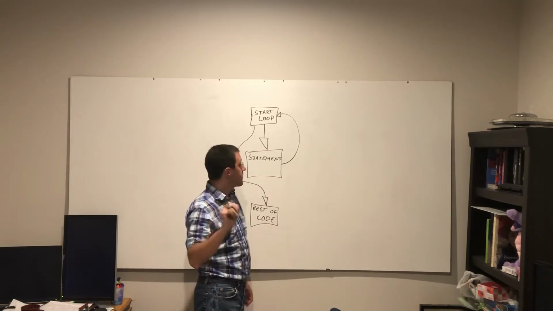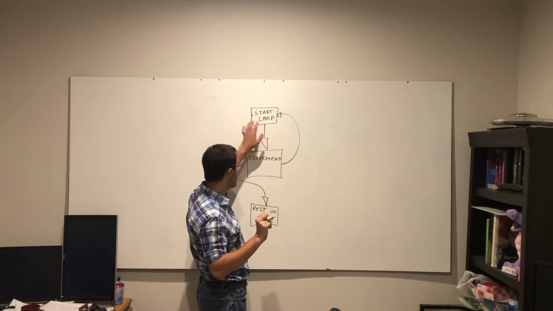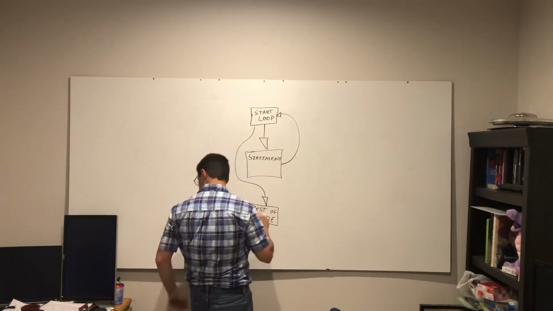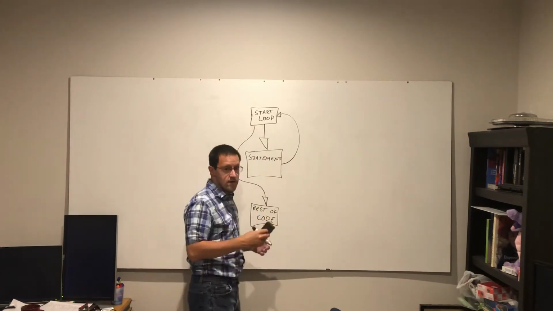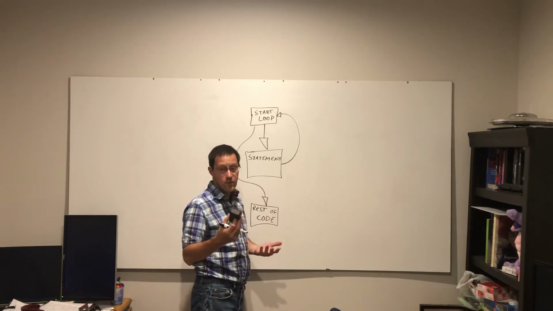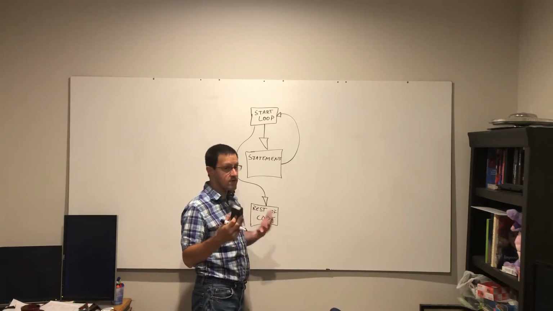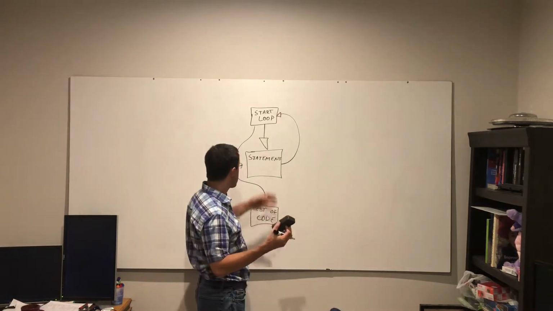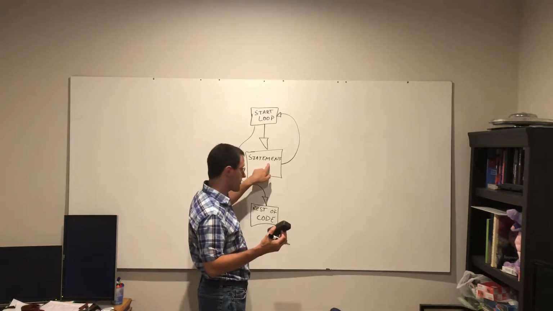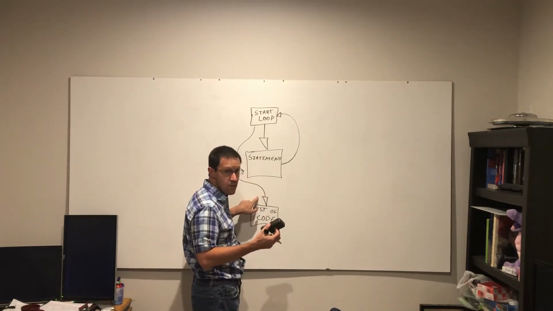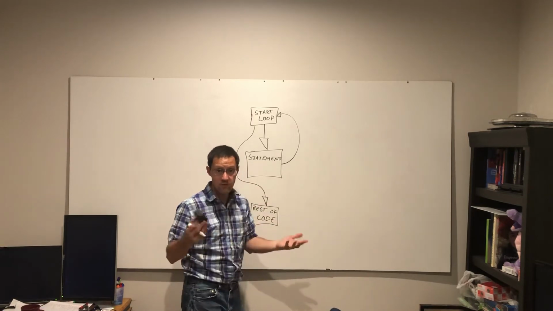Now, there are two different kinds of loops, and they have similar but somewhat different criteria for deciding when to do what's inside the loop and when to continue on to the rest of the code.